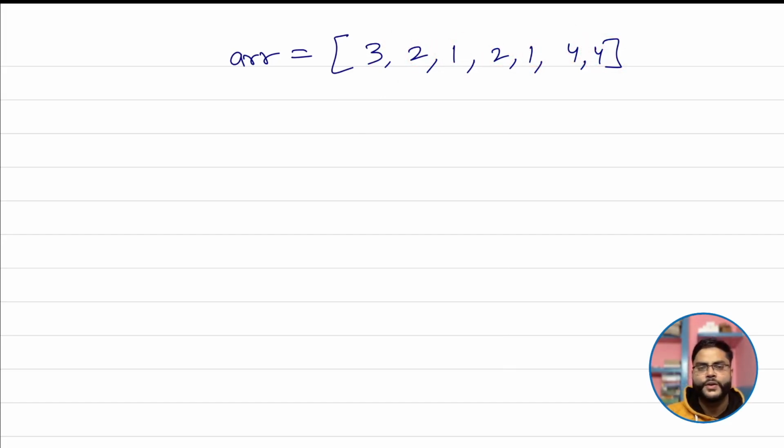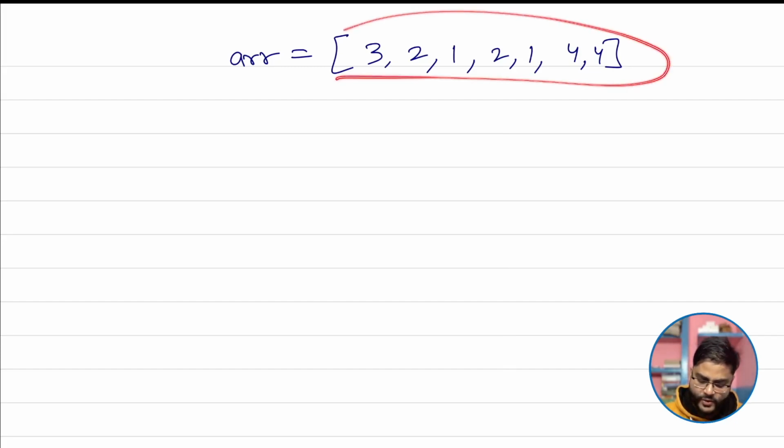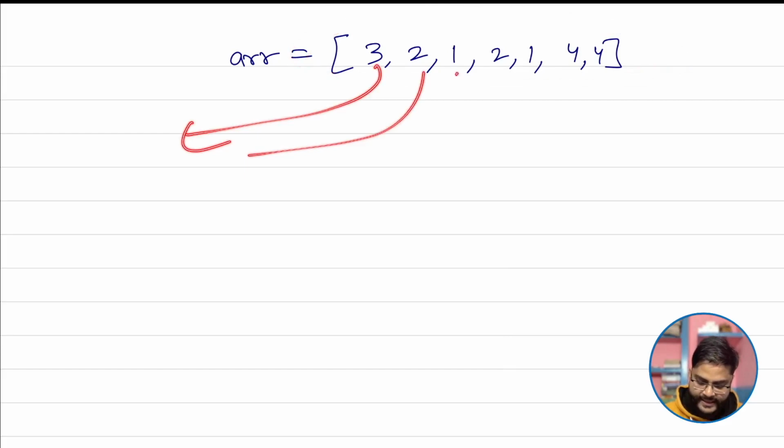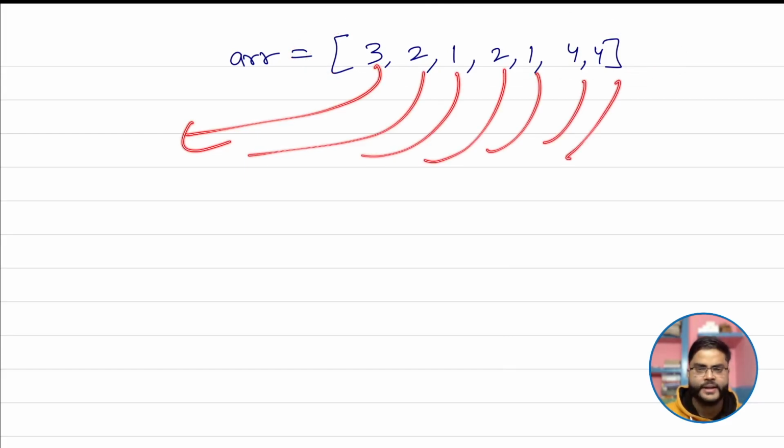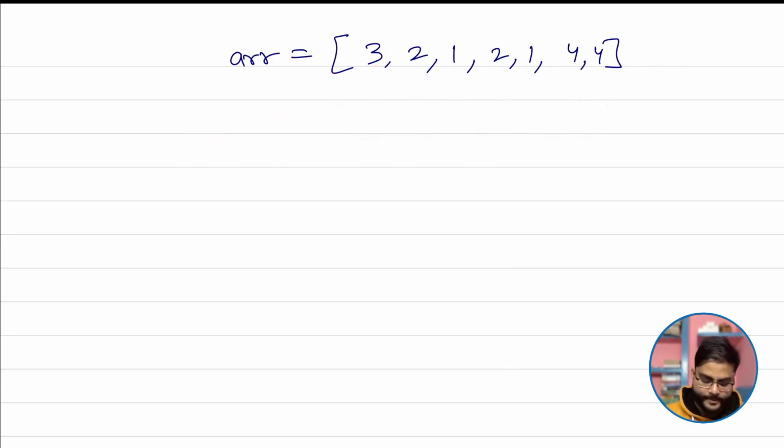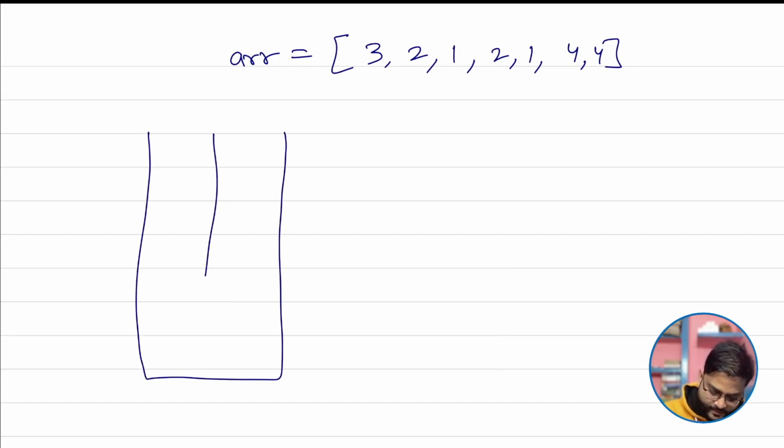Okay, so how we can use map? My idea is I want to traverse the array and put all the elements and its count in map. I hope you know how to use map. It looks like this: it has some key and some value.